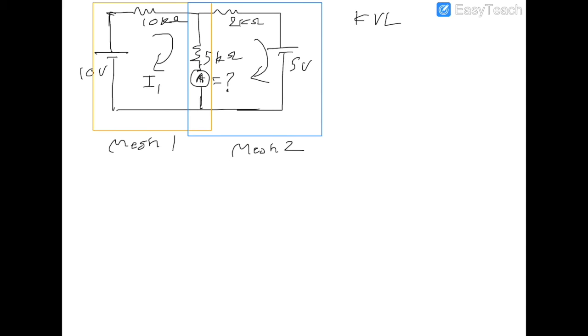So for mesh 1, if I write the equation for Kirchhoff's voltage law, I would have 10 volts, which is supplied by the power source, and it's going to be dissipated by voltage drops, which is 10 kilo ohms times I1 plus 5 kilo ohms times I1.